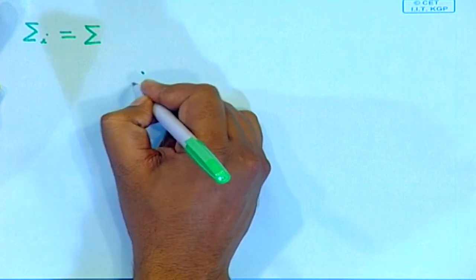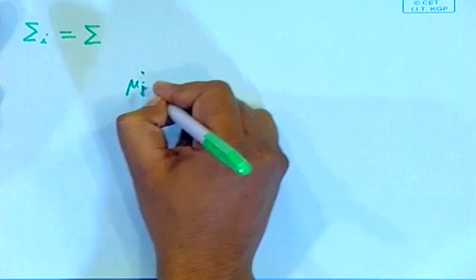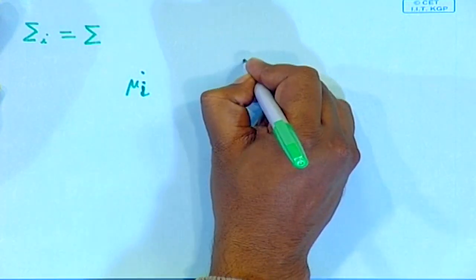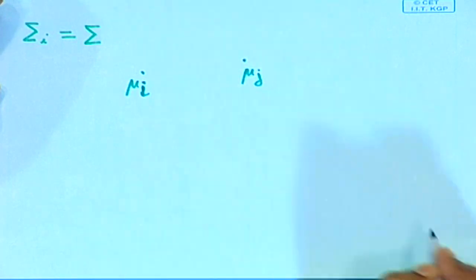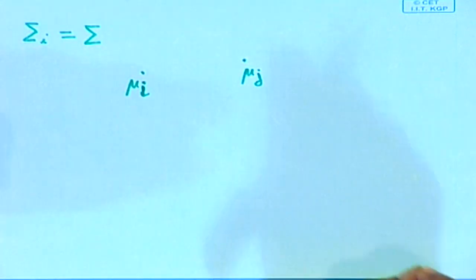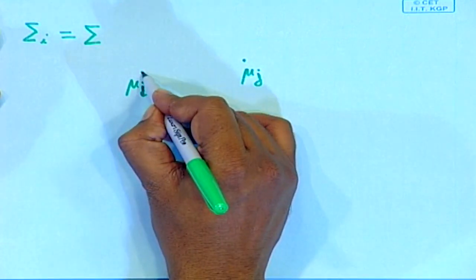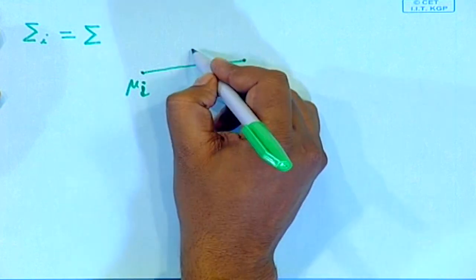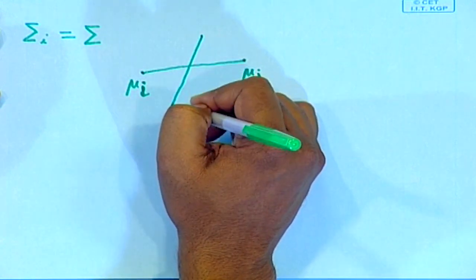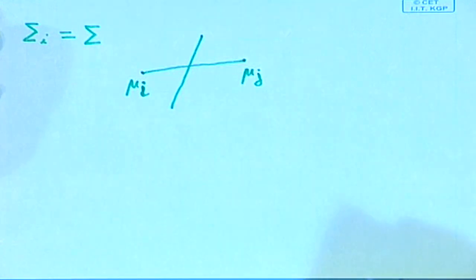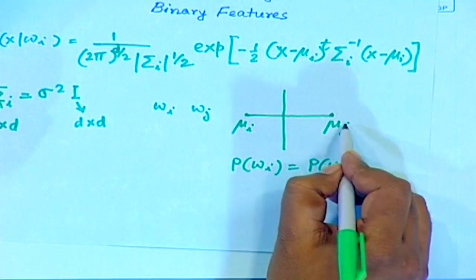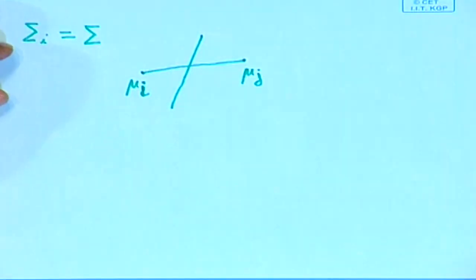So here again, this is mu i and this is mu j, which are the centers of the two classes omega i and omega j, then the decision surface between these two classes will be something like this. In the previous case, it was orthogonal to the line joining mu i and mu j. In this case, in general, it is not orthogonal.